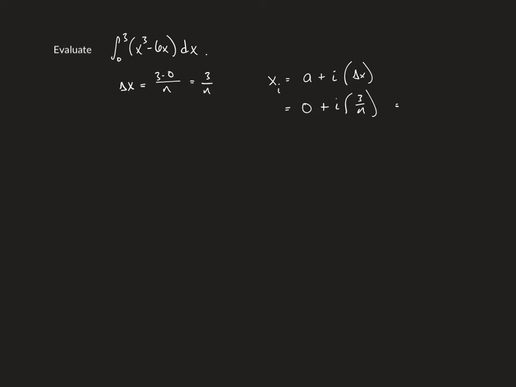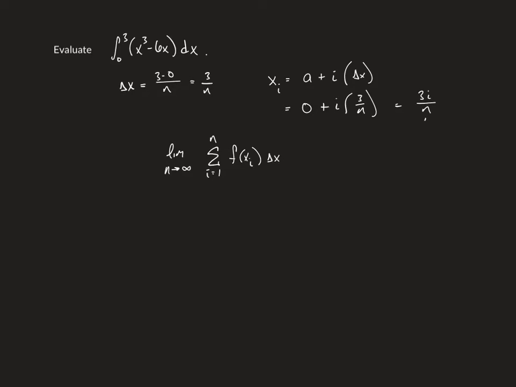And so that would just be 3i over n once we simplify this. So we could say that this whole expression could be rewritten as the limit as n approaches infinity of the sum from the first to the nth term of f of xi times delta x.